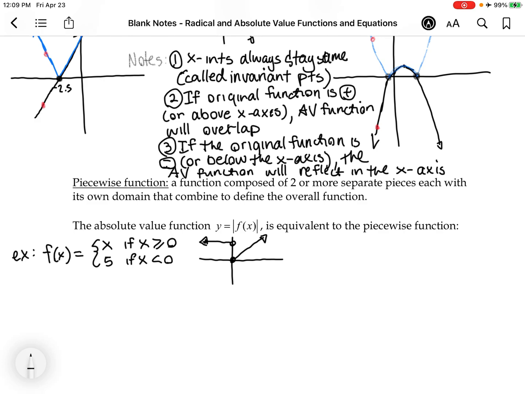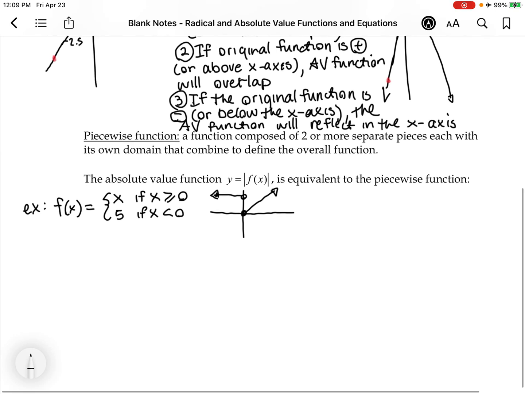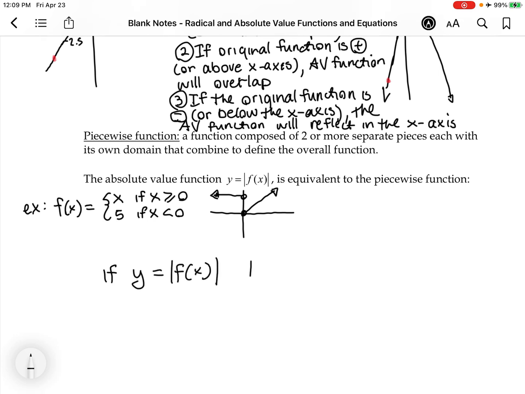Okay? Now, that is also true for absolute value functions. Essentially, if we wanted to remove the absolute value symbols from a function, we would say this. If y equals the absolute value of f of x, then y equals the following. If f of x is positive, then y is just the same as f of x, right?